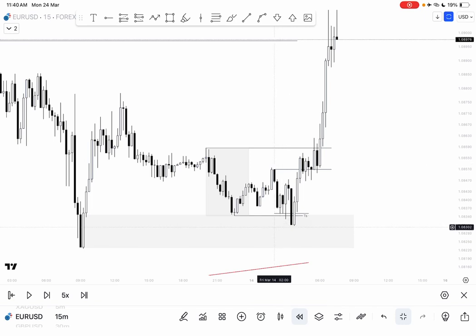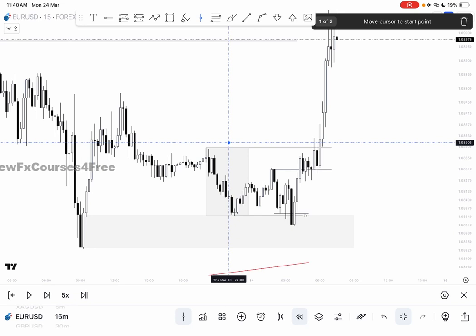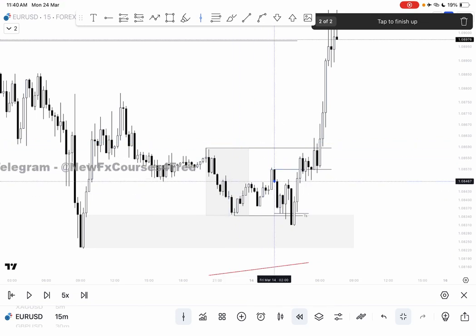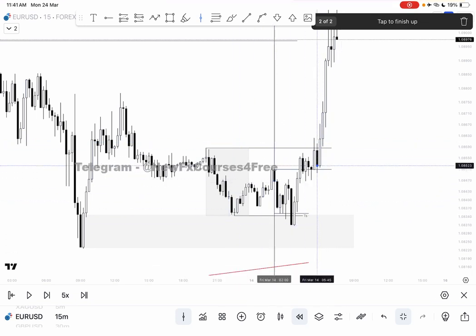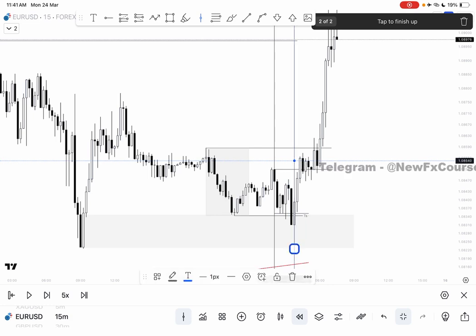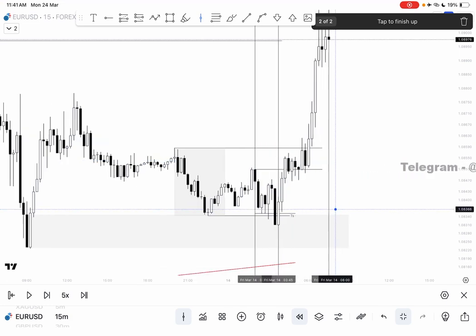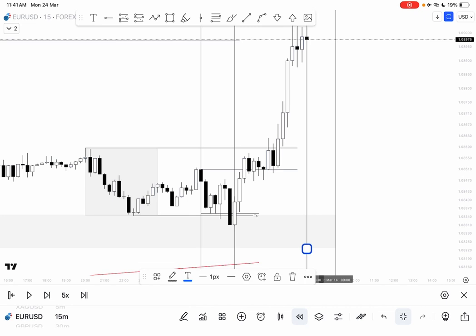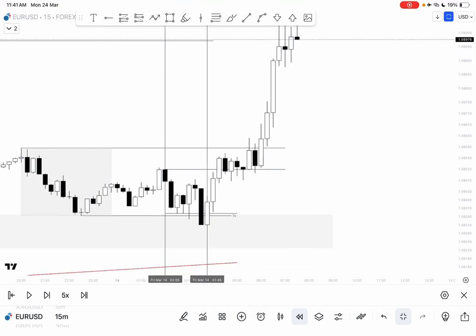This was 2 a.m. This was the 2 a.m. candle, and this was the 3 a.m., 3:30. Sorry, let me take this off.